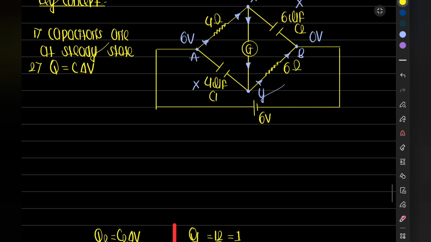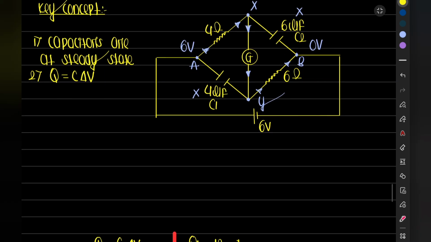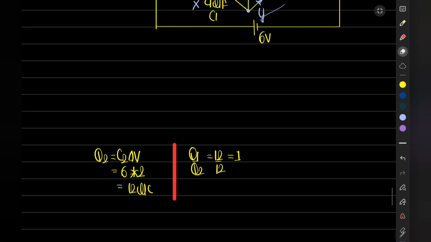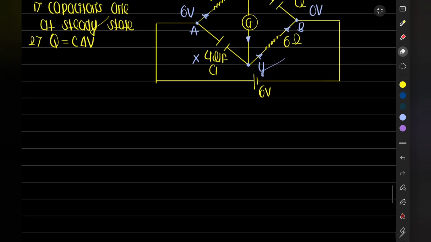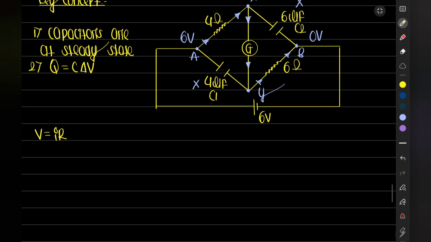For that I will need the value of current. Let me erase this part which is extra and of no use to us. First, I will find the current by using Ohm's law: V equals I into R. As I have already told you, the current starts from this point and ends at this point.